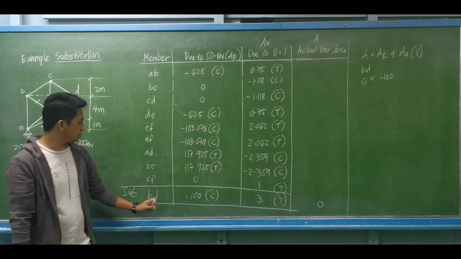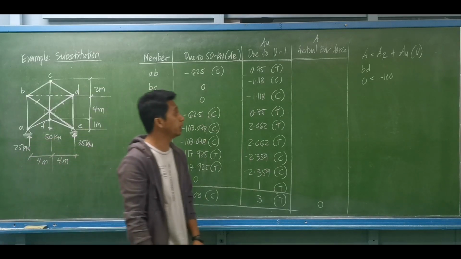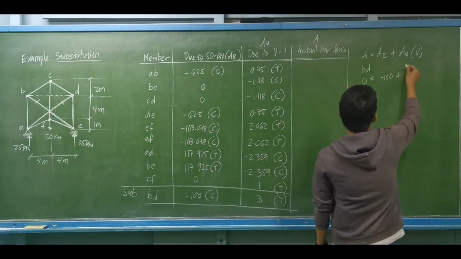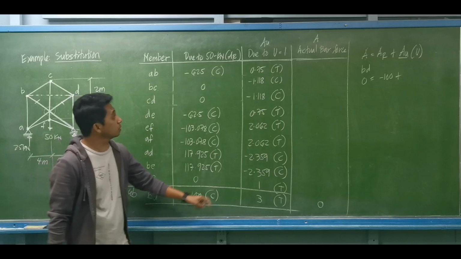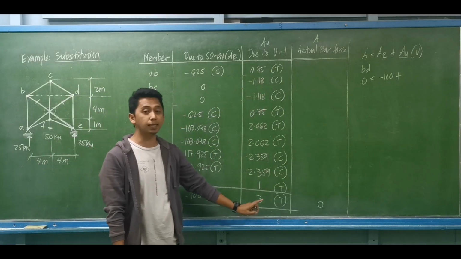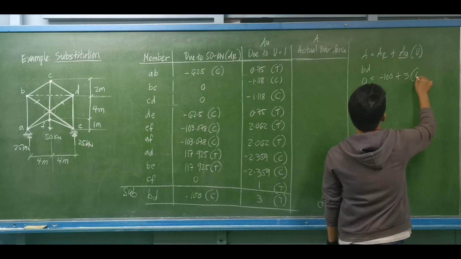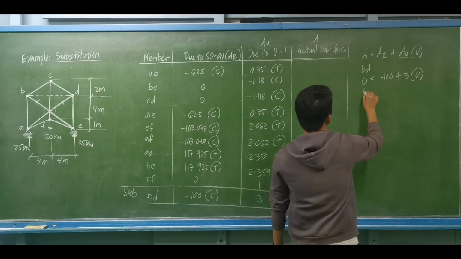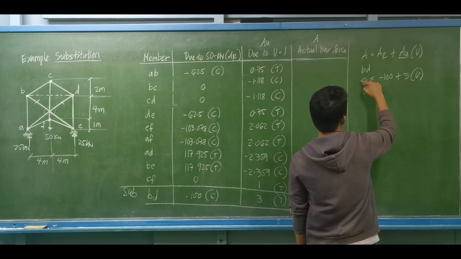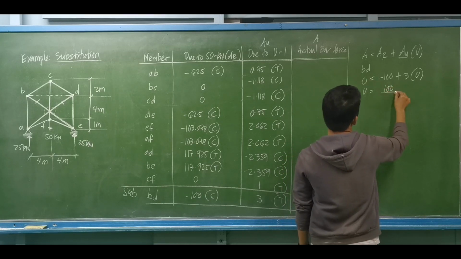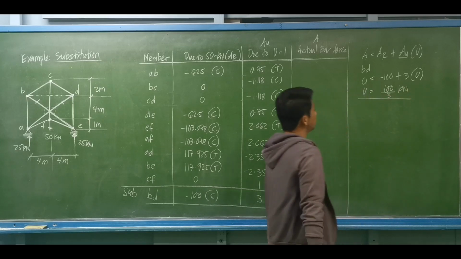So since BD due to real load is under compression, it is negative 100 plus A sub U. What is the load for member BD due to the 1 unit load? We got earlier 3. So this is equal to 3 multiplied by U. So we will have the value of U as, transposing, positive 100 over 3 kilonewtons. So that will be the value of U.